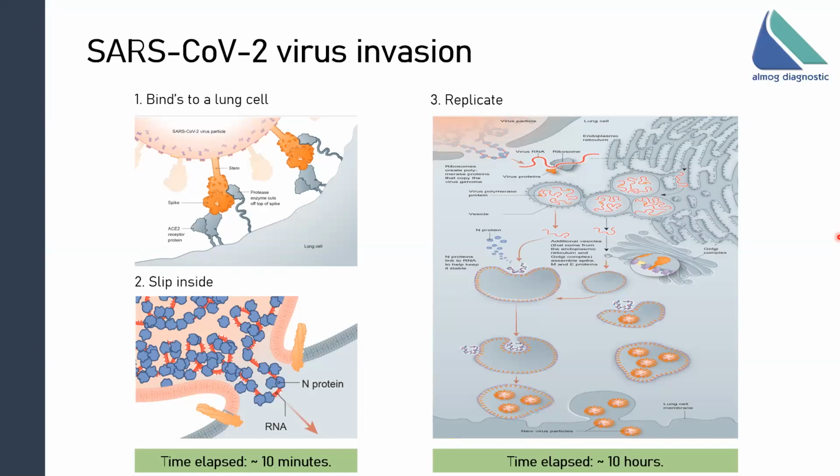Now, the fourth process that I didn't write here, but you can see here on the bottom, is the breakout of the viruses from the host cell. The breaking out is a vesicle carrying newly formed viruses that merges with the cell membrane. One cell can release around 100 virus copies to the microenvironment of the tissue.